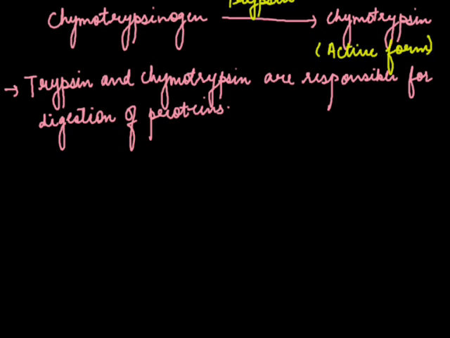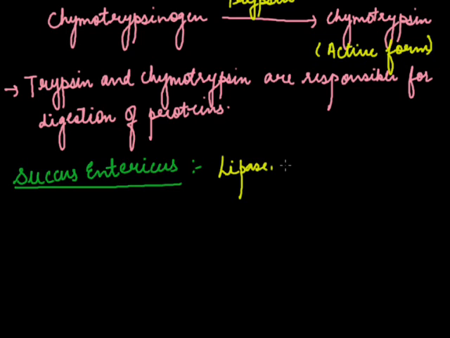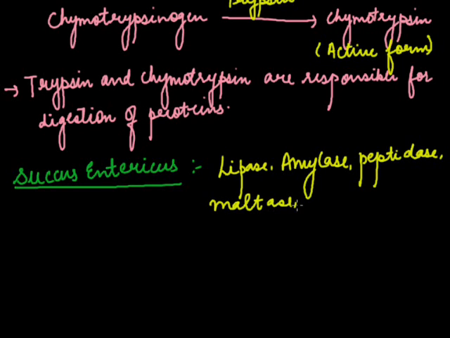Now, the other secretion of the small intestine is succus entericus. It consists of different types of enzymes like lipase, amylase, peptidase, maltase, lactase, etc. And they all are responsible for digestion of different things.